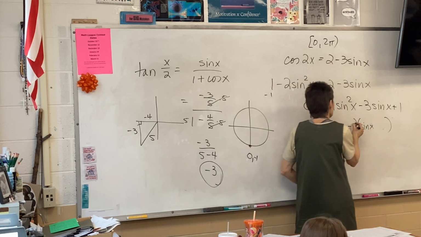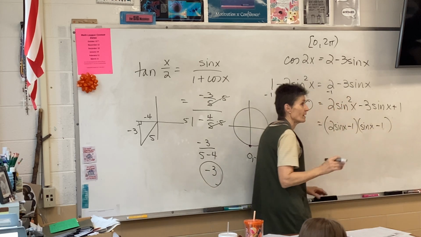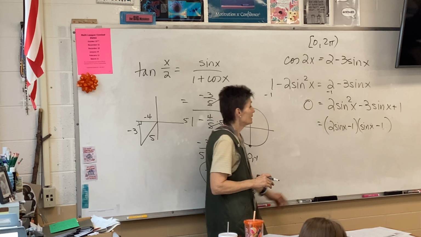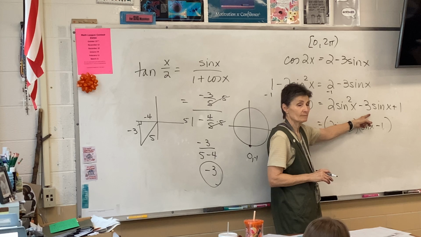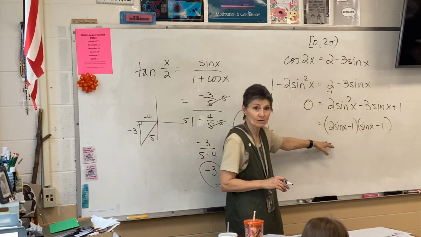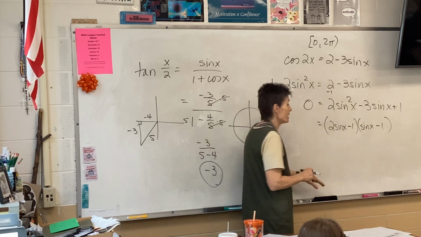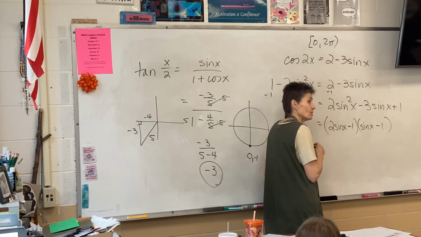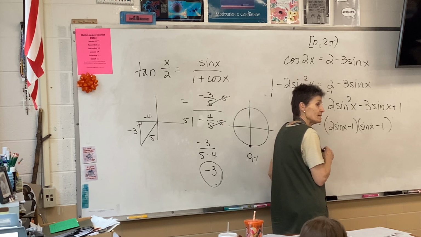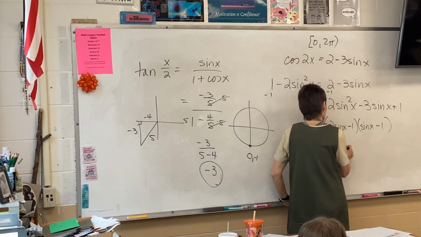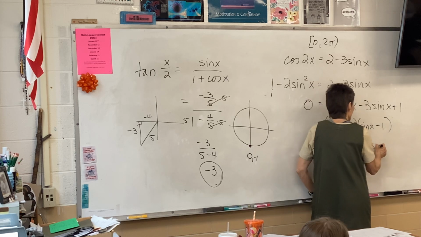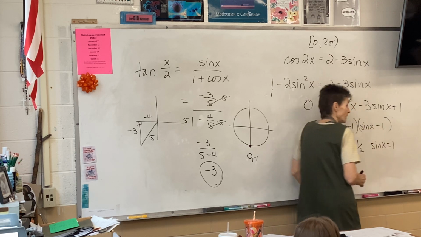I need a minus 1 and a minus 1. I really don't have any choice there. And see how that's going to give you a negative 3 in the middle? We factor, and then we set them each equal to 0. So sine x equals a half, and sine x equals 1.